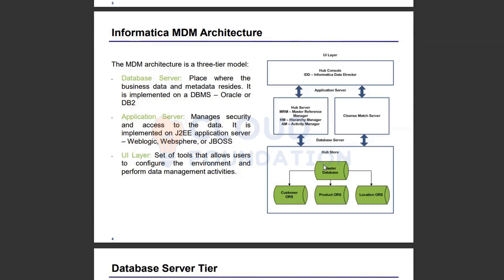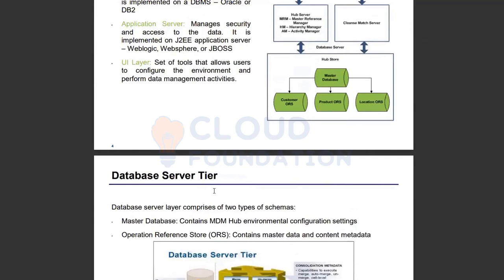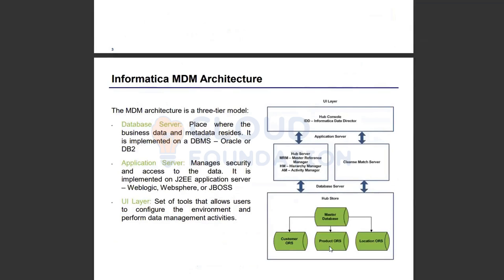Next is your database. Now your database is split into two parts. One is the master database, which comes with your configuration every single time. We'll go deep into what it will hold and what it will not. The second is the ORS, the Operational Reference Store. In that database, all your configurations will be stored.